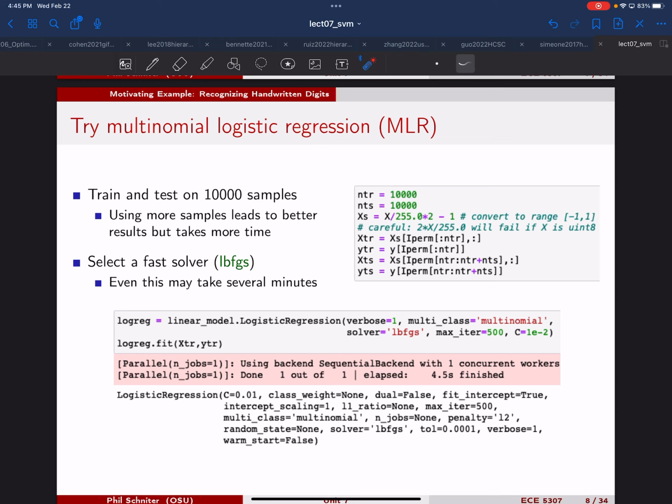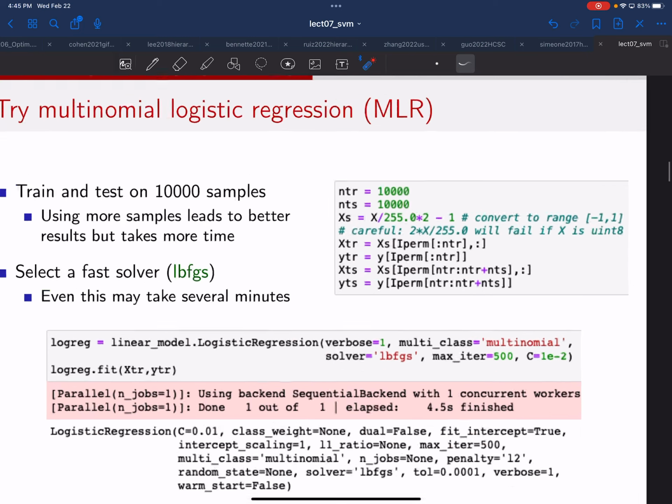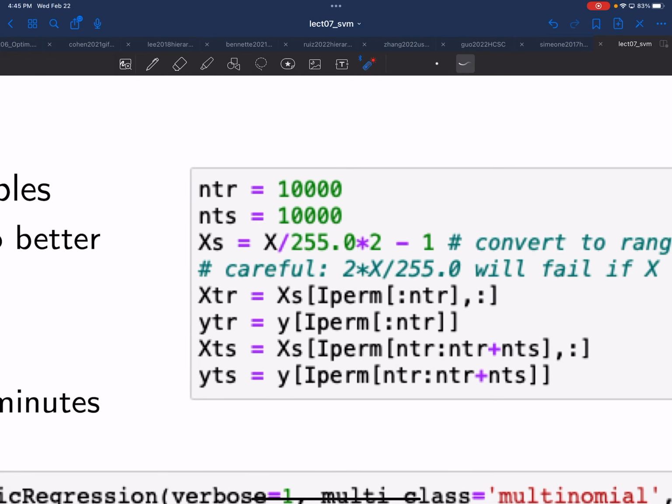So this is basically just a way of centering them, and you're scaling them all the same way, moving them from 0 to 255 to the range -1 to 1. Another kind of important thing is that there's a .0 here. That means this is a floating point number, and the result of this division will be a floating point number.